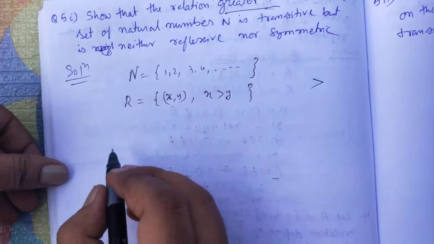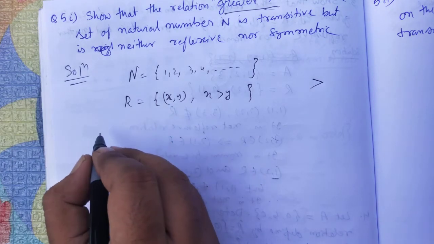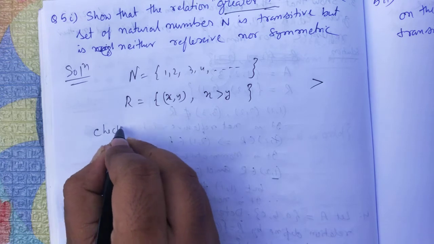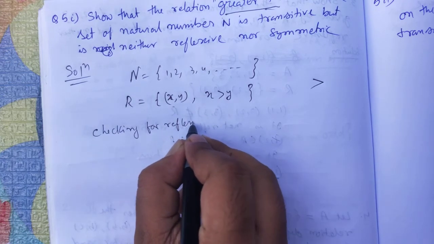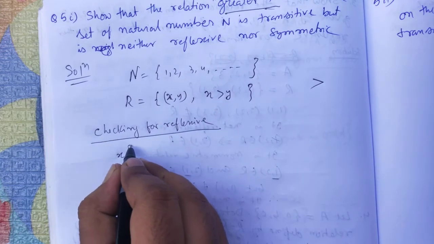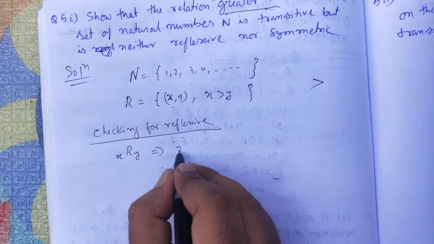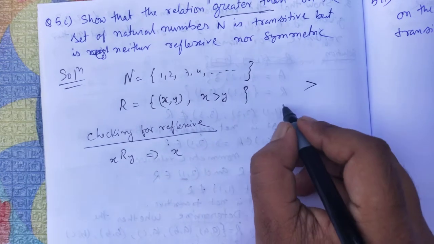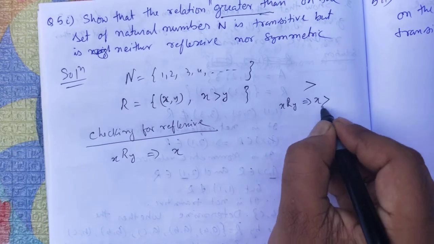So to check this relation, let's first check whether it is reflexive or not. x related to y implies, when you say x related to y, the condition is that x must be greater than y.